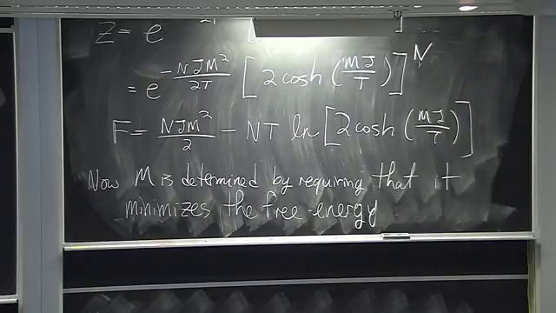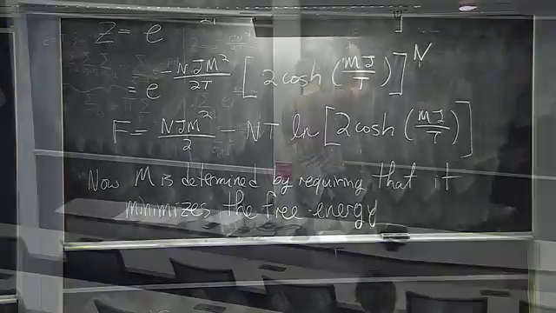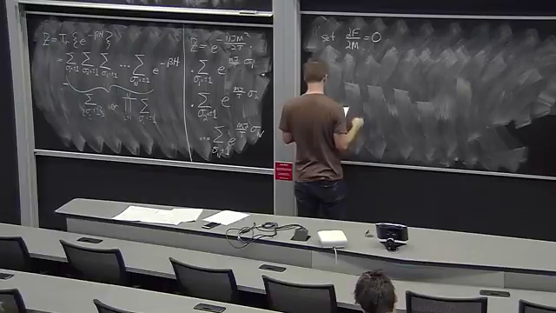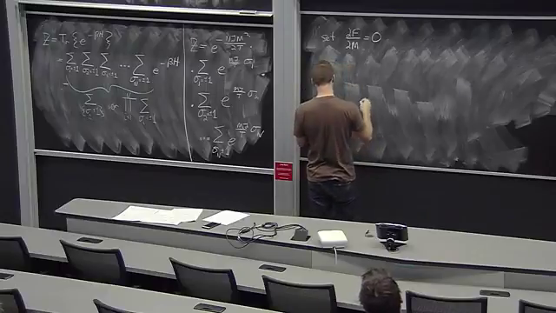So if we set the partial derivative, say, of f with respect to the magnetization, this gives us our mean field equation.